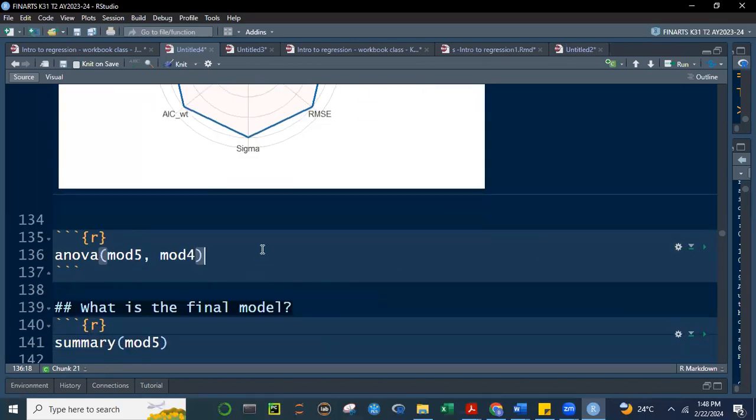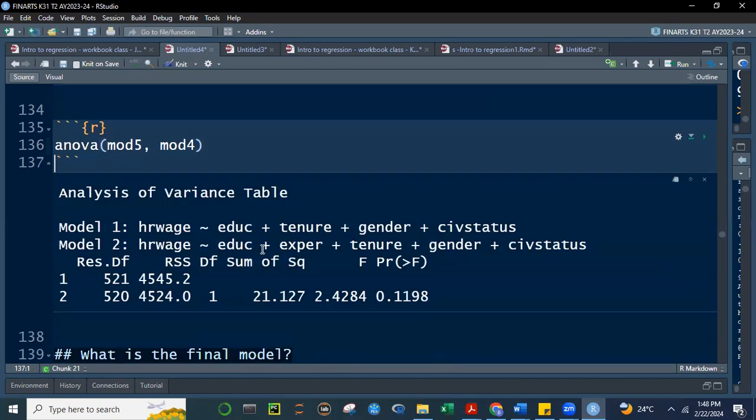Okay, so ANOVA, class. Again, what's the null hypothesis here? Model 1 here, class, is the one without the number of dependents, no? Without experience. So this is your restricted model, model number 1. Model number 2 is your unrestricted.